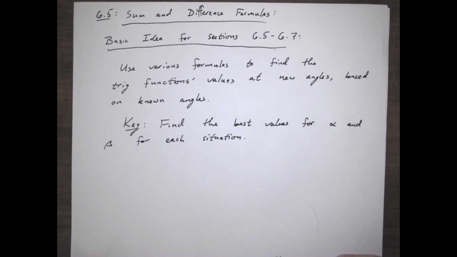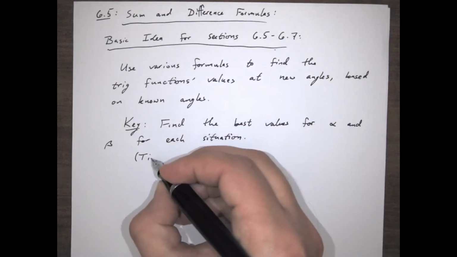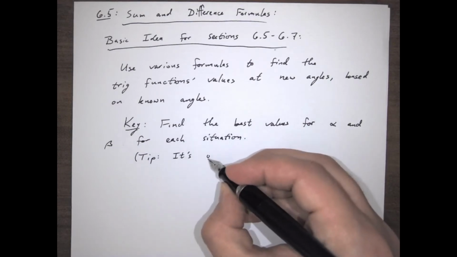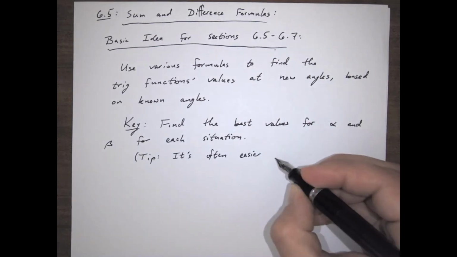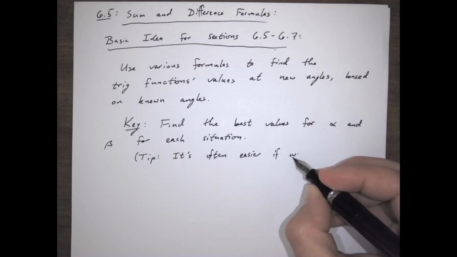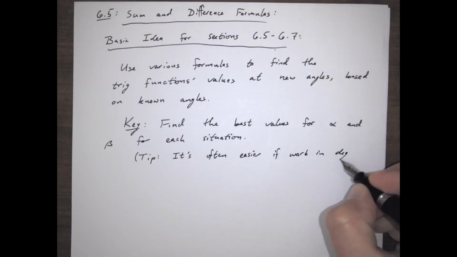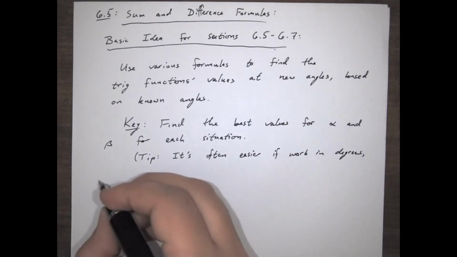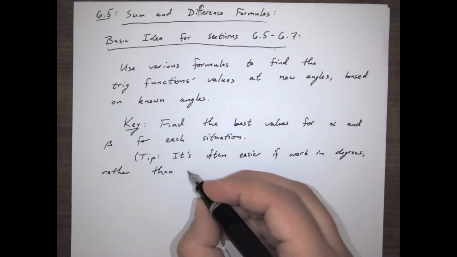And a tip here is that it will be frequently easier if we switch to degrees rather than radians. So a tip: it's often easier if we work in degrees rather than radians.